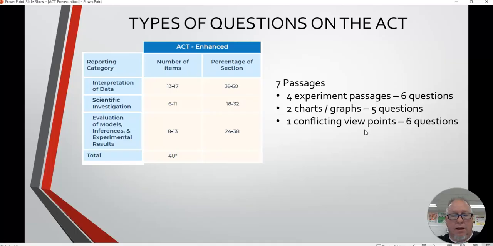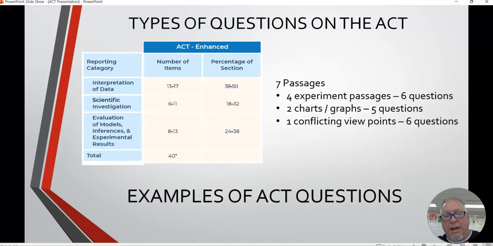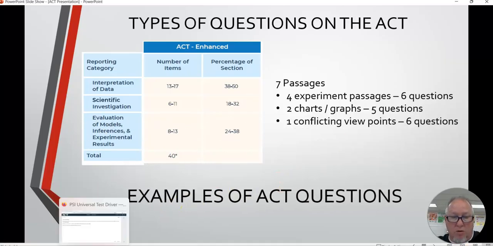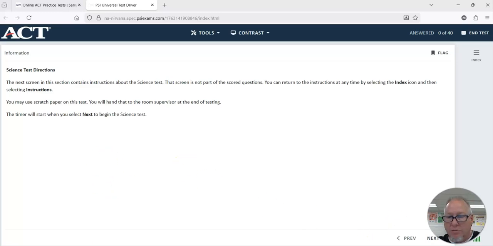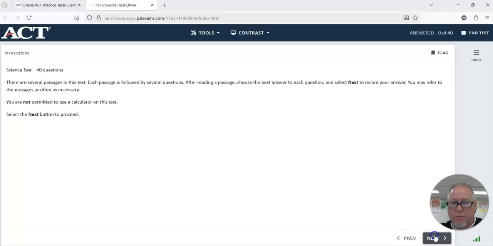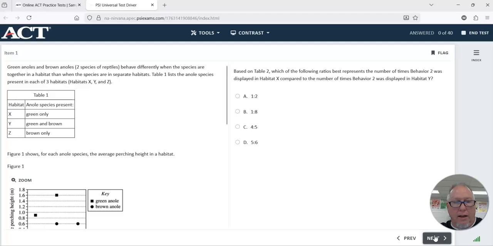If we look at some examples from the ACT by going back to that website that I had, I'm just going to go forward and hit the next button down here a couple of times. And look, this is one of the ACT practice things. Right away when I look at this, I can tell that this is a charts and graphs passage.